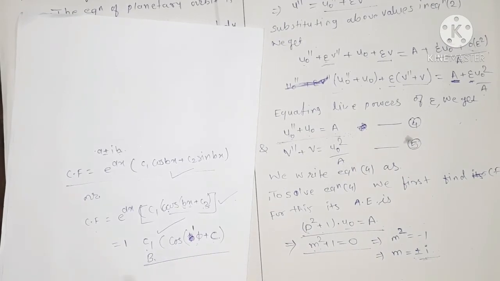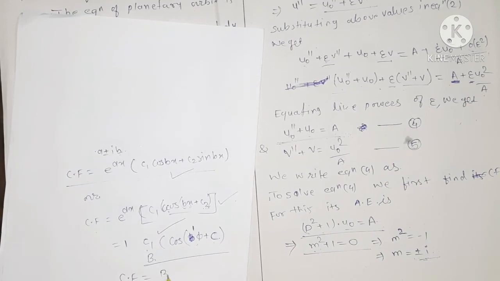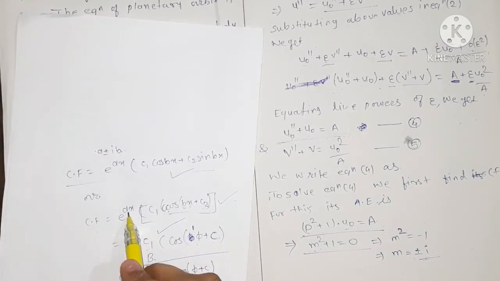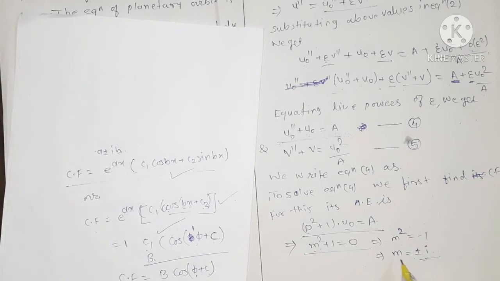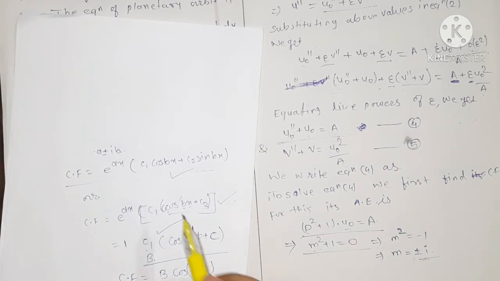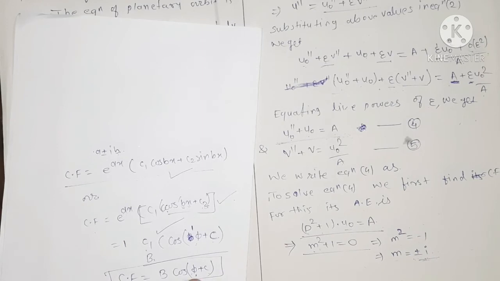So for the complementary function, we have b cos phi plus c. Okay, we are taking the constant c2 as c, c1 as b. The real part a is 0 for this auxiliary equation, and the imaginary part b equals 1. So the complementary function for this equation is b cos phi plus c.